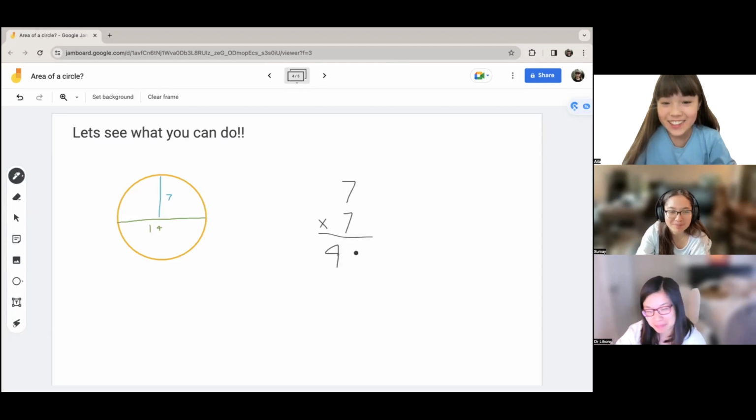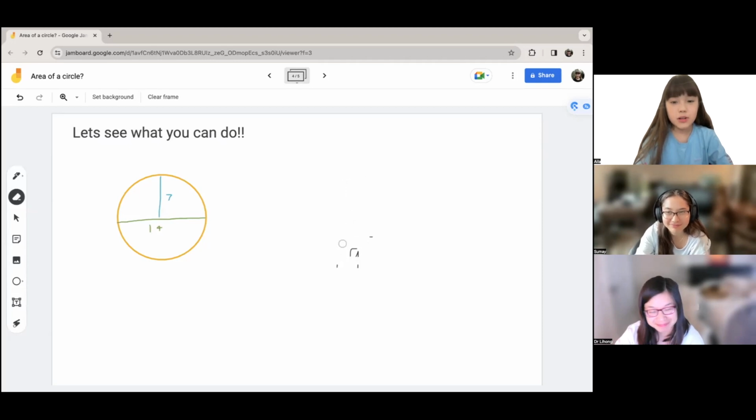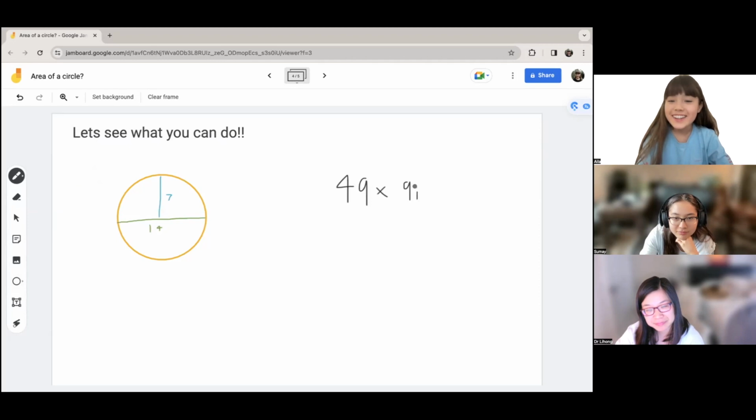We have 49. Pardon my bad handwriting. So here we have 49, right? So we're going to take this and multiply it by pi. But pi is infinite.